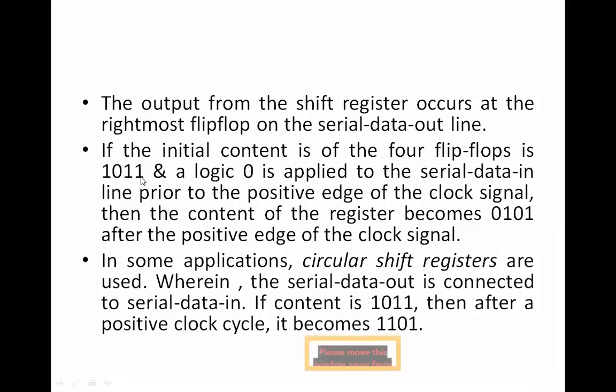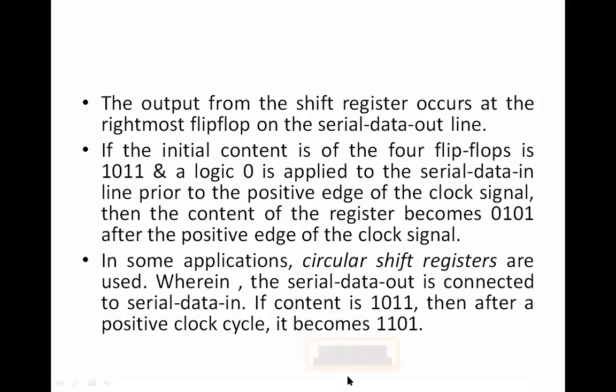First this 1 will come, and then 0. That is because this 1 is lost, and since the initial input is 0, that 0 will come and sit in here. I think you understood how we are getting it.